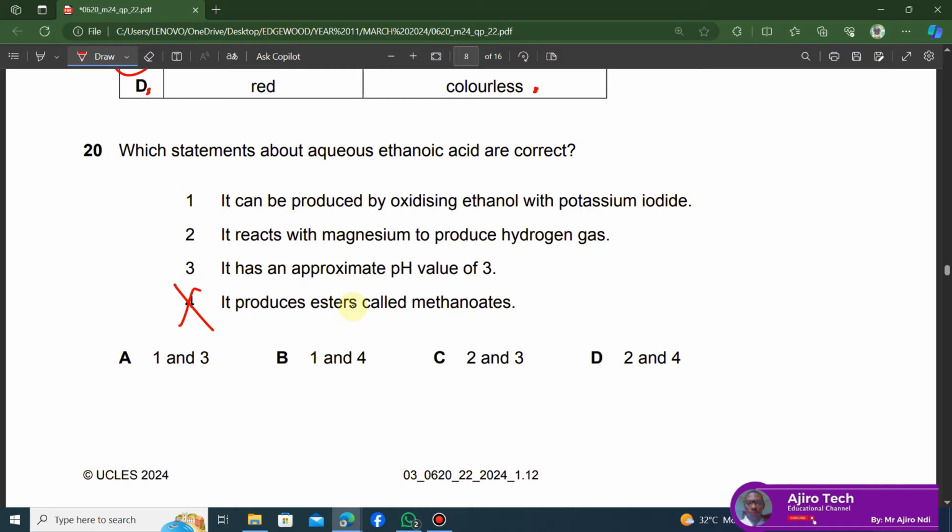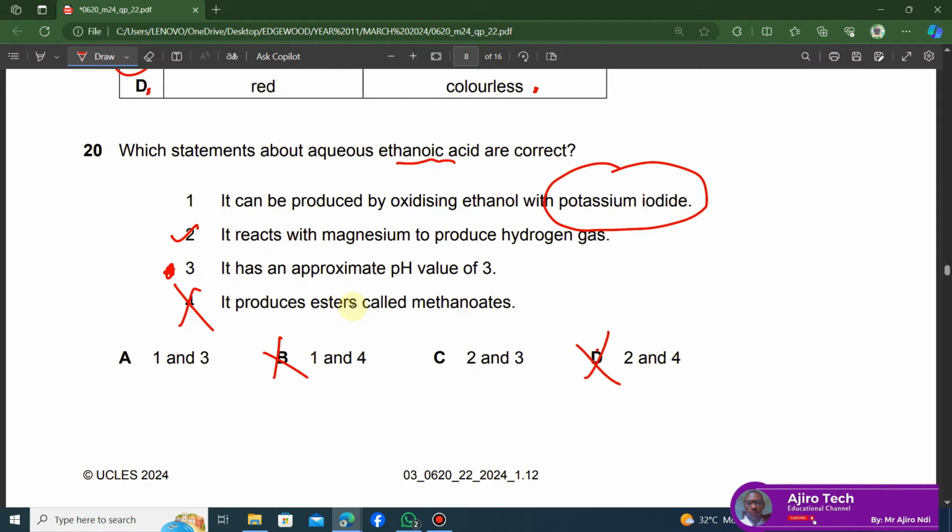This seems to be in line, because it's a weak acid, so the pH should be within 3 to 6. It reacts with magnesium to produce hydrogen gas. An acid reacts with a metal to produce hydrogen gas, so this is okay. It can be produced by oxidizing ethanol with potassium iodide. No, this shouldn't be the oxidizing agent. So we strike 4 out.